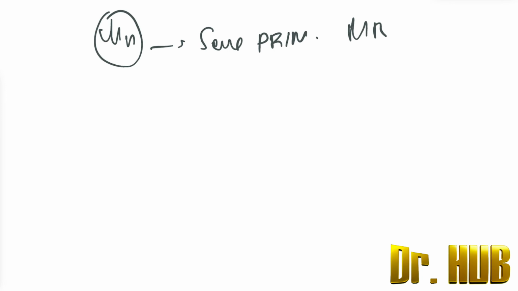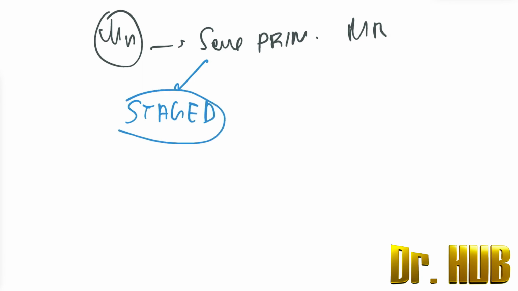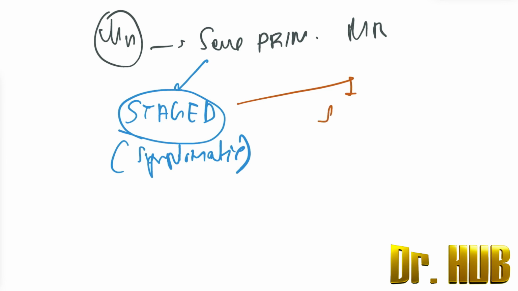Here there are two types: it can be stage C or stage D. First let's look at the simpler one, that is stage D. This is the algorithm. In stage D, the individual becomes symptomatic. If it is symptomatic, surgical intervention is indicated.